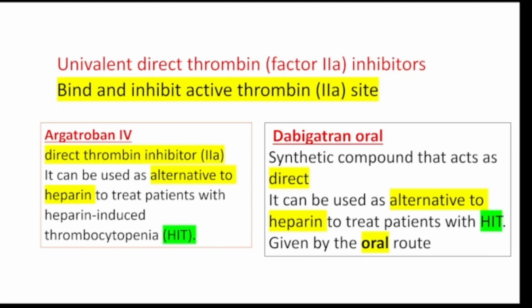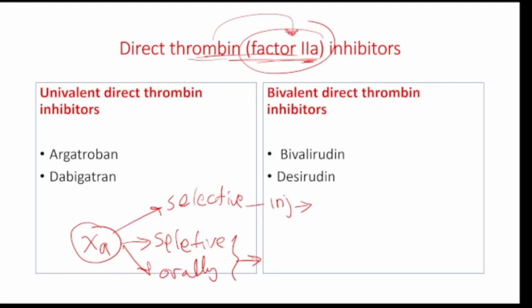Before we move on, we have two types of direct thrombin inhibitor, factor 2A: univalent thrombin inhibitors and bivalent thrombin inhibitors. Univalent means binding to one site; bivalent, binding to two sites on the thrombin.